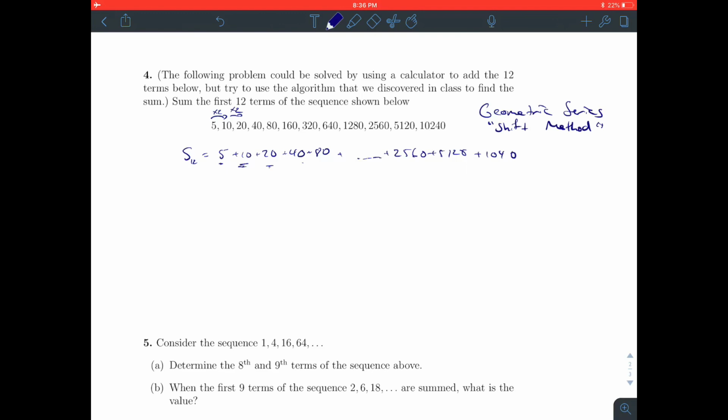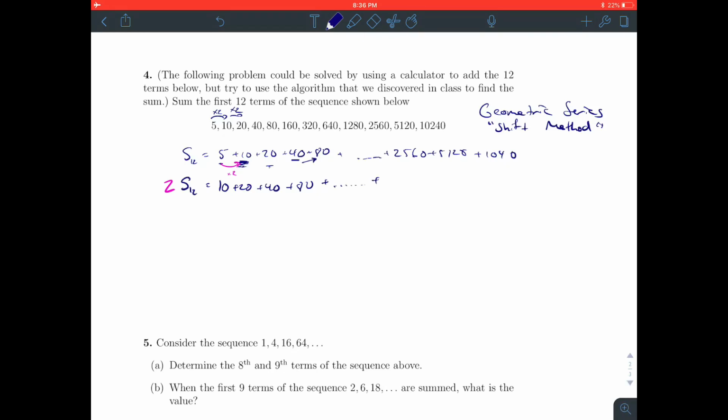And it looks like to turn one term to the next term, the pattern here is times 2. So what we're going to do is we're going to do 2 times every term. So that will give us 2 s sub 12 equals 2 times 5 is 10, 2 times 10 is 20, 2 times 20 is 40, 2 times 40 is 80. So each term, when you multiply it by 2, generates the next term.